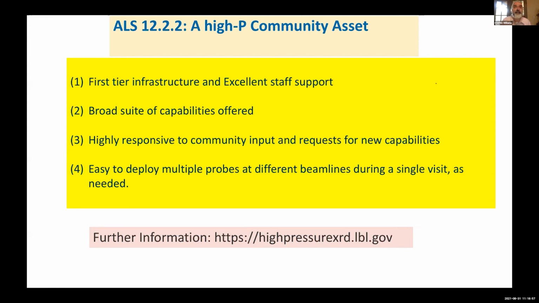The other way I could interpret your question is to make sure that user information is archived in the best possible way. So I'm not sure which of those avenues you are approaching, but I think the key mechanism in answer to your question is, we do have excellent programmers at the ALS.